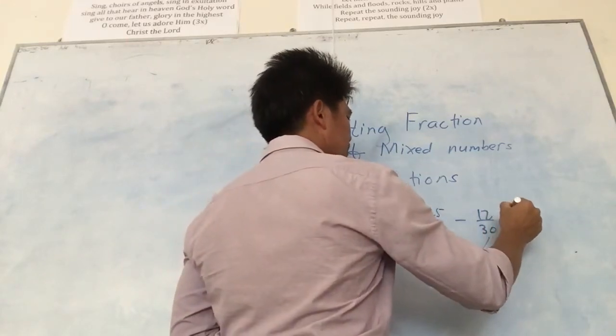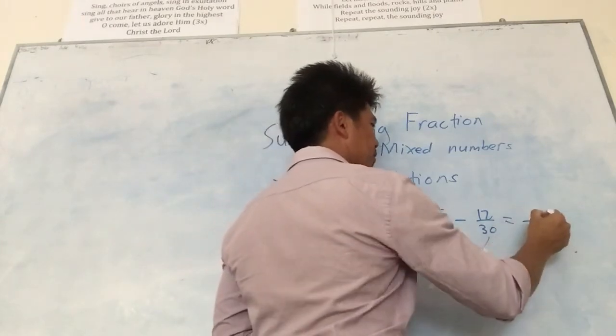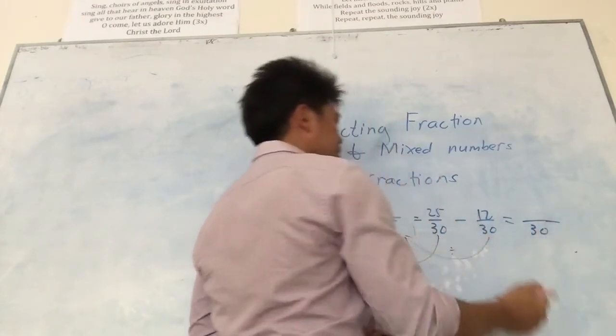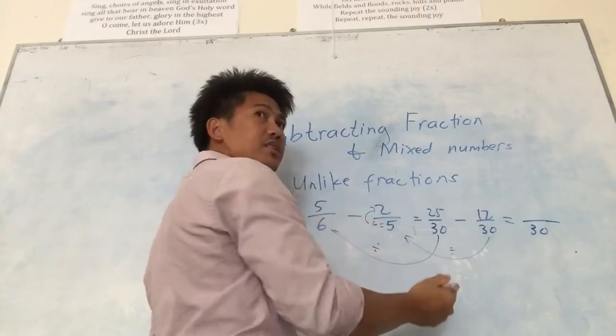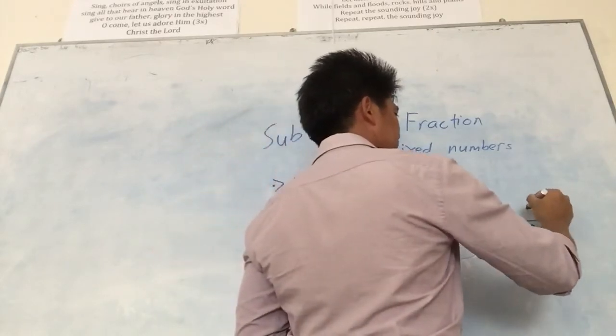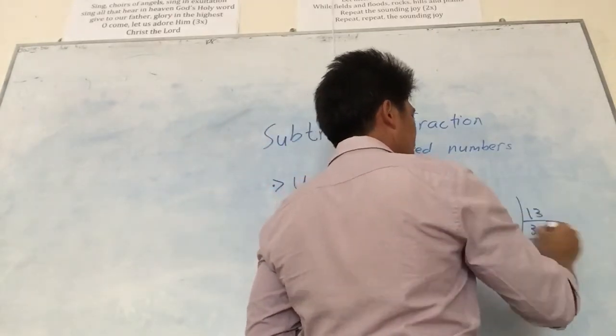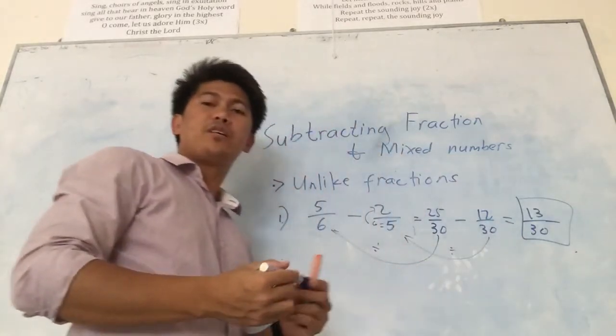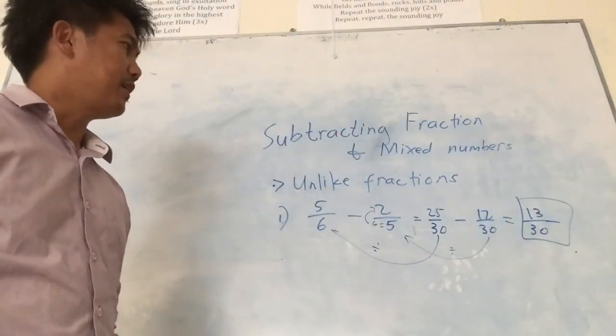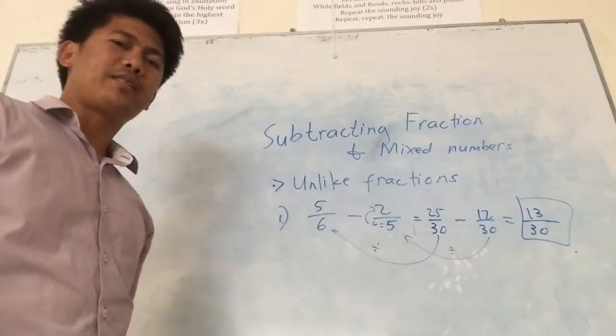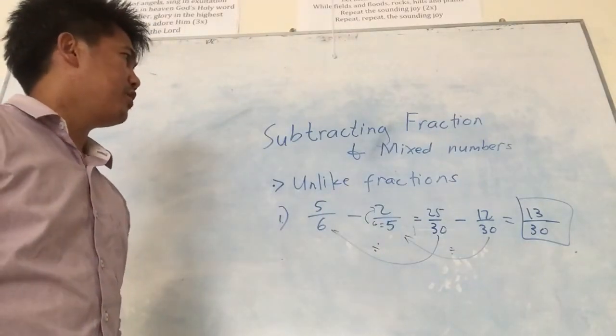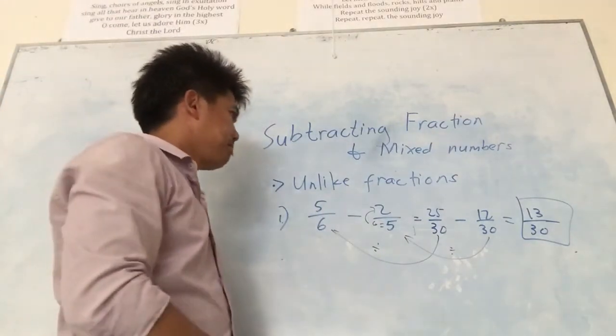Okay, 12. So minus, copy the 30 there. Then 25 minus 12 is 13. So 13 over 30 is your answer. Okay, so just follow the steps if you forget.